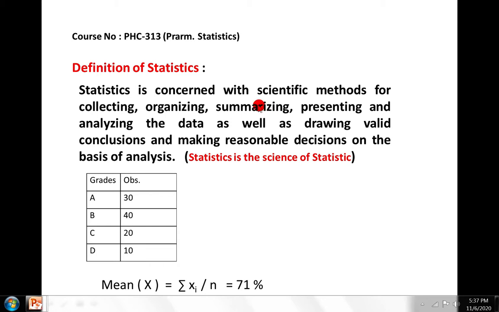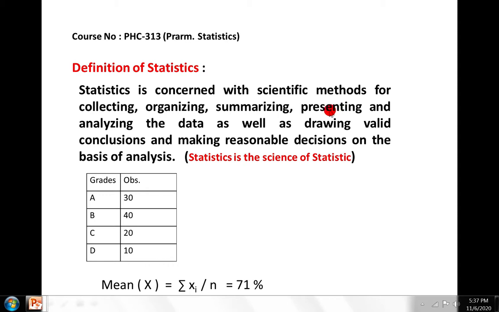So the first step is collecting, second organizing, third summarizing, and then presenting the data. You can present the data in the form of a table, or you can present the data with the help of different graphical methods.